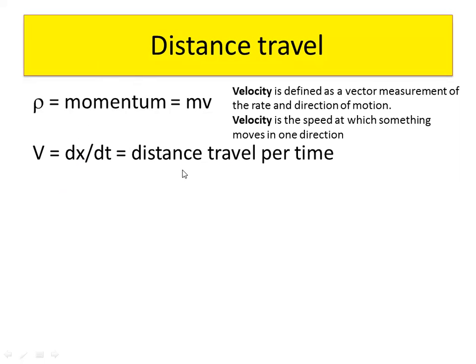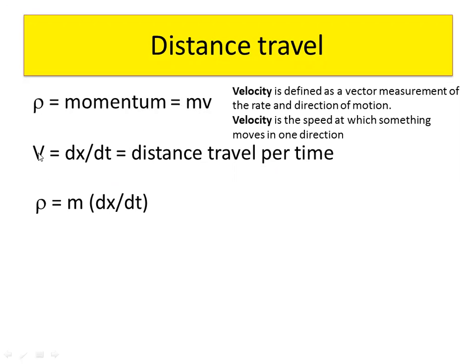And it is written over here, distance traveled per time. This is called the velocity. And the direction is not given because this is the vector measurement. If there is an indication of the direction it is moving in, then of course it will be the velocity.